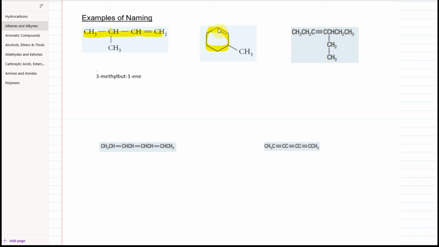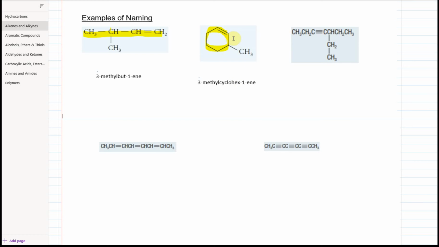So here, this carbon would be 1, that would be 2, then the substituent would be 3. If we numbered it the other way, the substituent would have a much higher number. So we do want to consider this, but remember, the deciding factor is the positioning of the double bond. So take a second here and see if you can name this, and then check in with me in a moment or so.